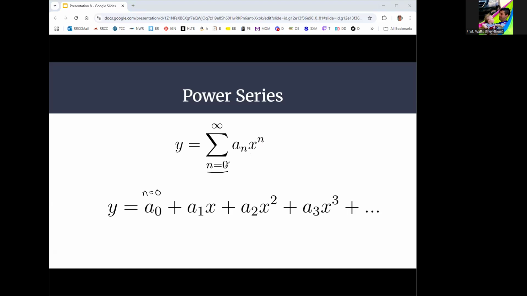And then we just increase that index by 1 and keep going up until we hit the top value, or keep going if that's infinity. So when n equals 1, that's our next one, we get a sub 1 x to the 1. And x to the 1 is x, so we get a1x.